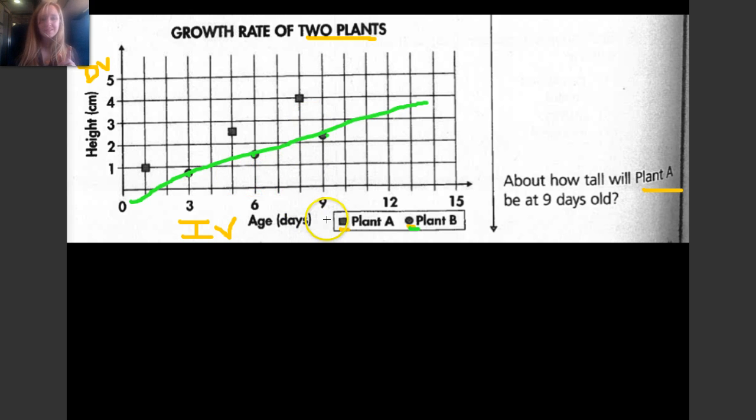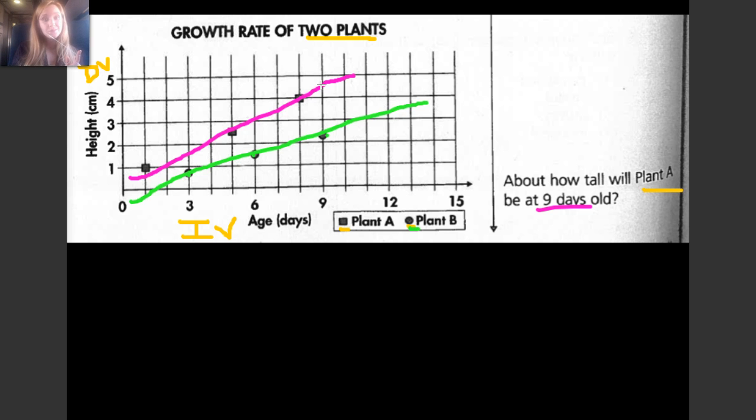But I can see that at 9 days old it would have been about 2.2. So if you got about that, 2.2 centimeters, no negative numbers, right? If you got that answer, that's probably why. But if we look at the boxes, you could almost make a line. There's no line, but we wanted to find 9 days old, right? I followed the way. There is no dot for that.